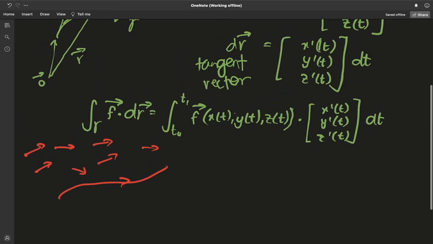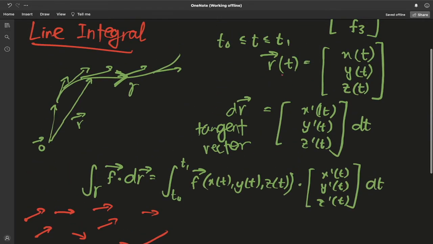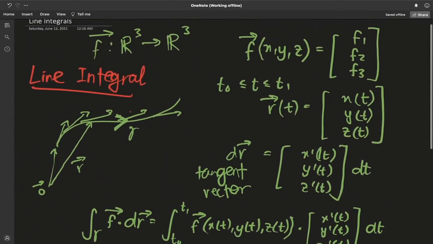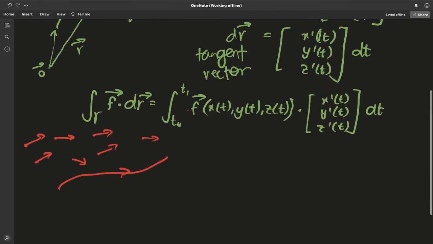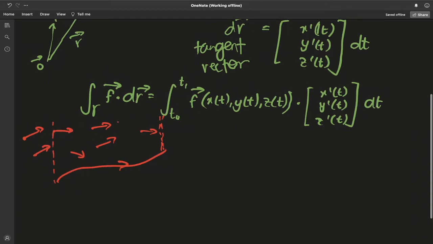So when we plug in these parameterized values, or this displacement vector, for the arguments of f, what we're saying is that we only care about the values of the vector field that are between these two endpoints of the curve. So fine, we still have lots of values here, many vectors.